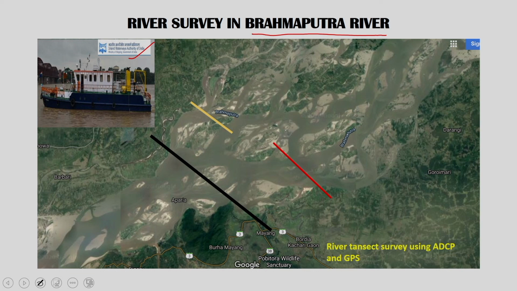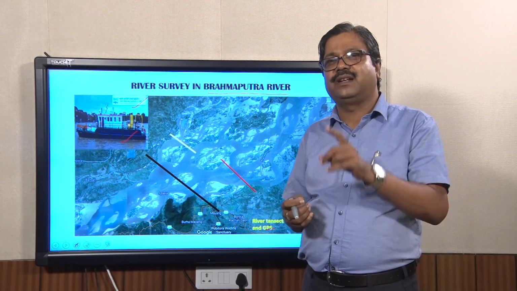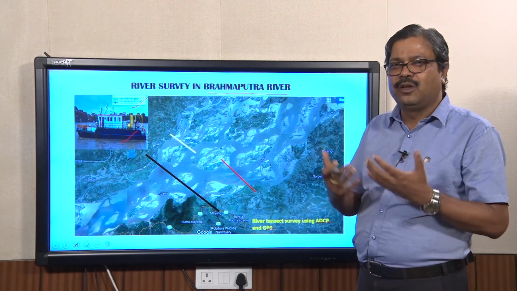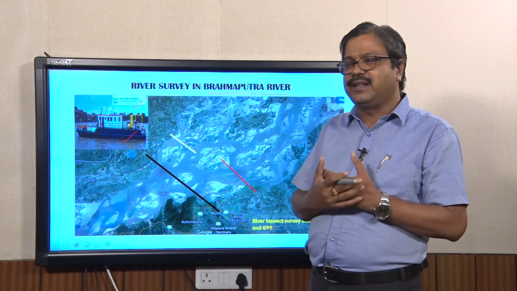We need survey vessels equipped with global positioning systems and ADCP, acoustic Doppler current profilers, which measure the three-dimensional velocity components, the depth, and the suspended sediment concentrations. For more details you can browse the literature on what an ADCP is and how to use it.